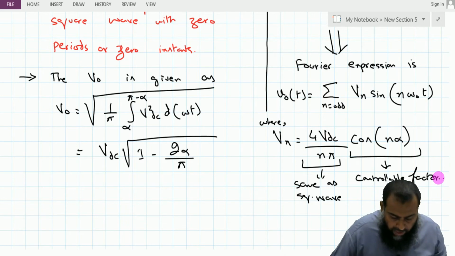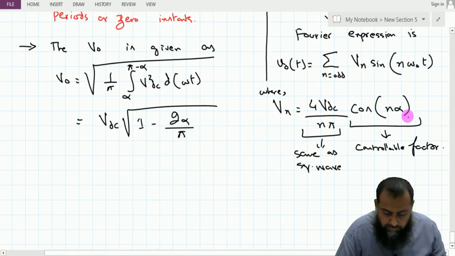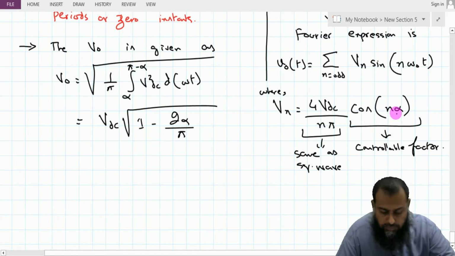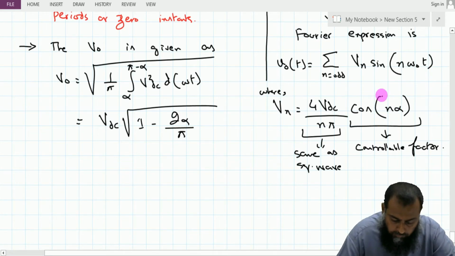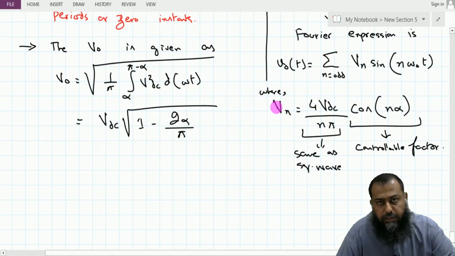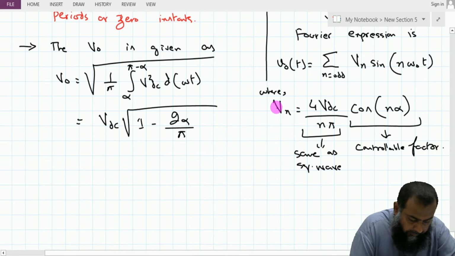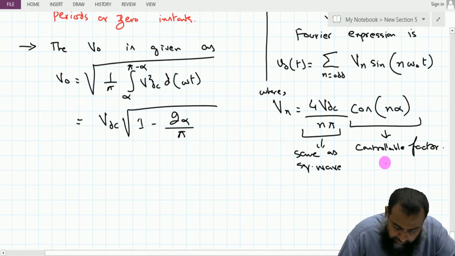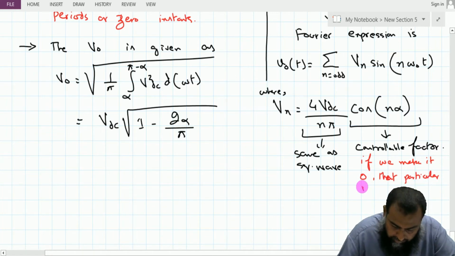For instance, if this cos of alpha is equal to 0, if we make this term equal to 0, then that particular harmonic content will vanish from the output spectrum. So if we make this controllable factor equal to 0, that particular Vn becomes 0, right?